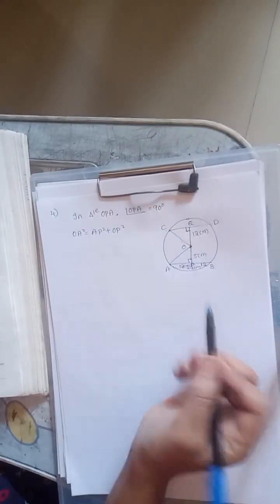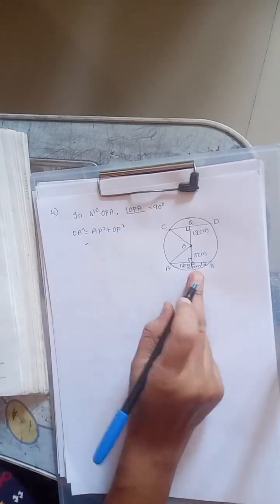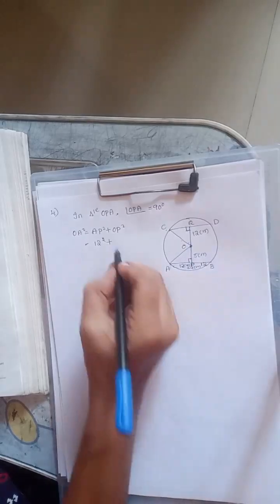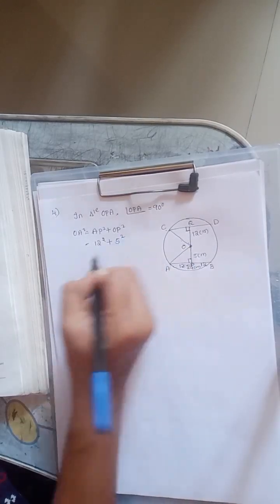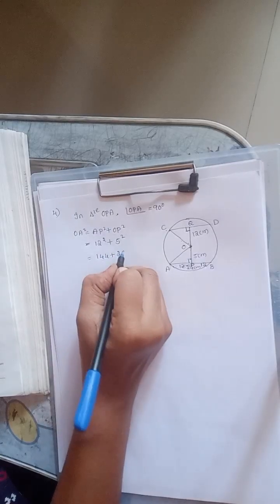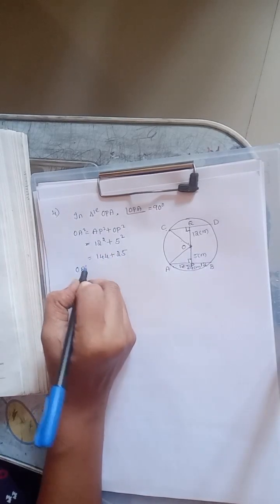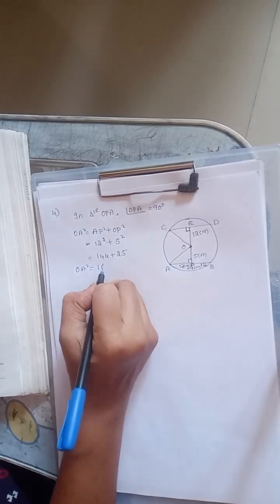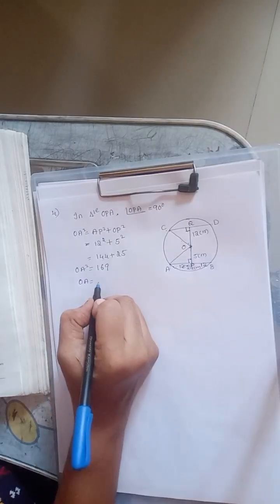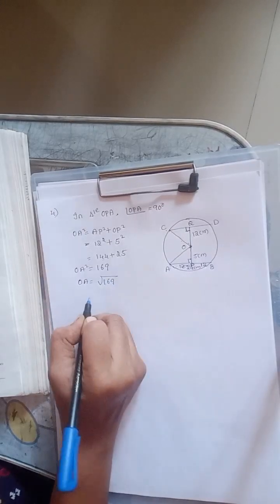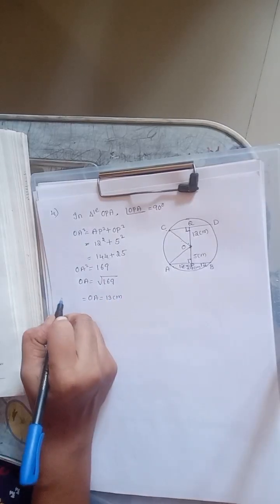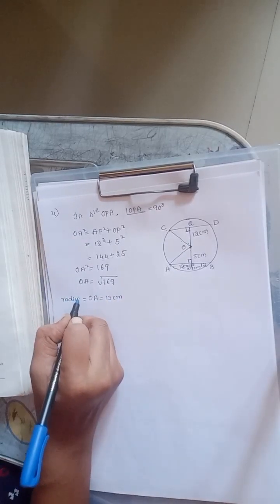AP square is 12 square plus OP is 5 square. 12 square is 144 plus 25. After adding these two you get 169. Now OA is equal to square root of 169, that is OA equals 13 centimeter. It is nothing but the radius of the circle.